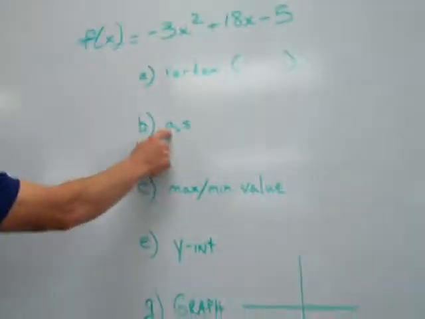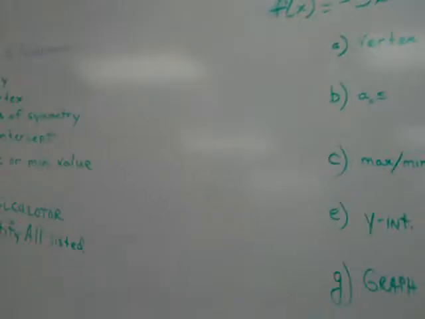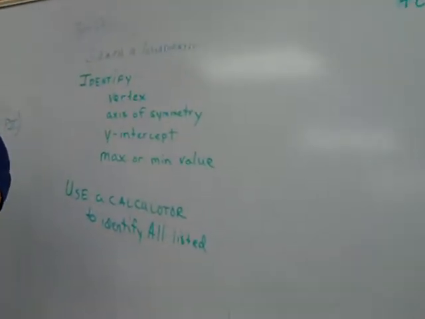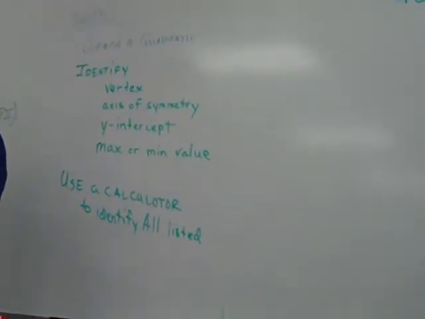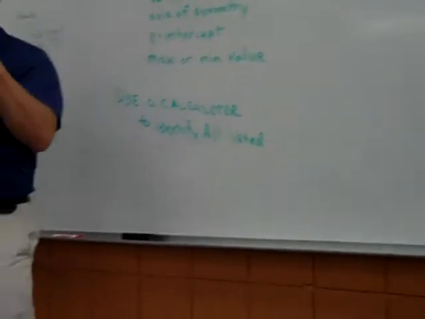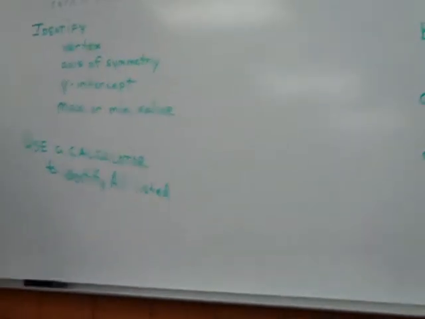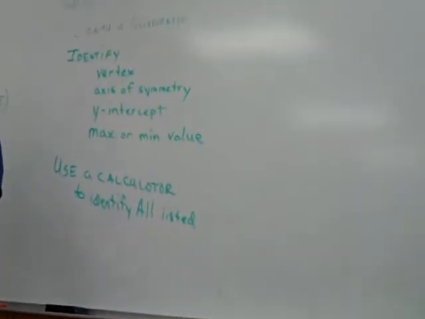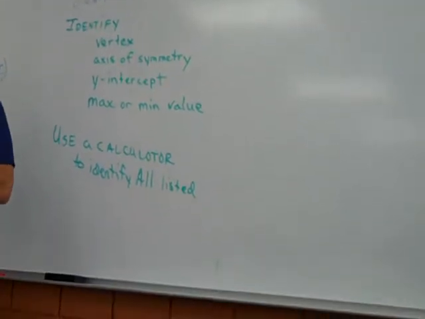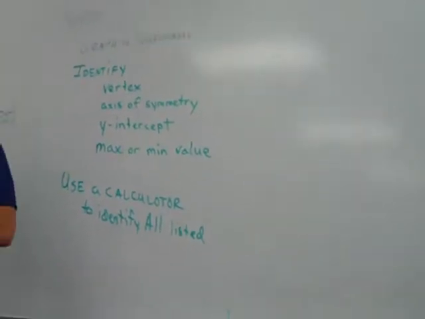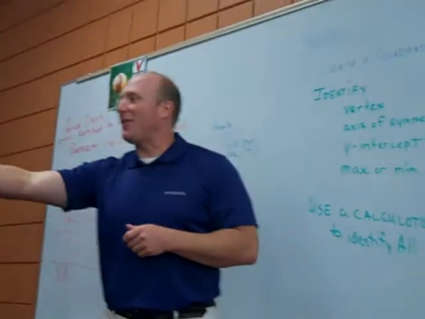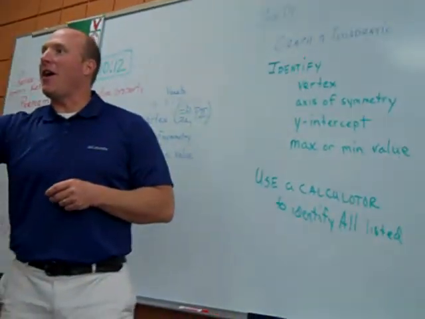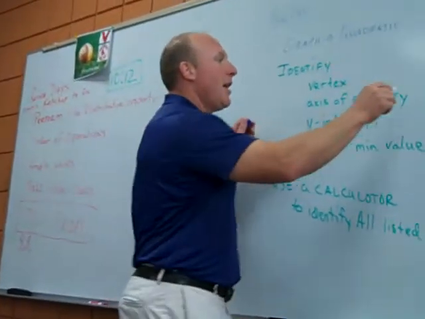That's what this little thing means. Axis of symmetry. What kind of line is the axis of symmetry? It's not a physical line. It's not an emotional line either. All lines are linear. Vertical. All axes of symmetry are vertical.